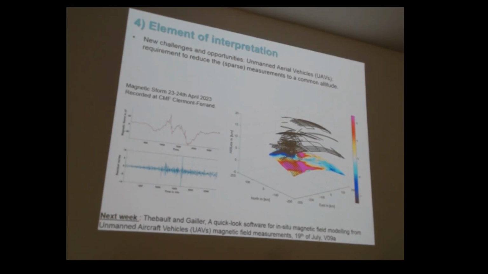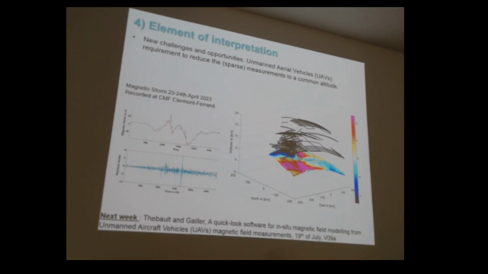For instance, here it's a combination of different UAV measurements, because the small one can make a survey in 20 minutes. After 25 minutes, you have to push the button and go back home before it crashes, otherwise you're losing everything. So you're actually making very small surveys. Sometimes, if you go to a volcano, the survey is smaller than the size of the volcano, so you have to patch together all the surveys to recover the full picture of the volcano.